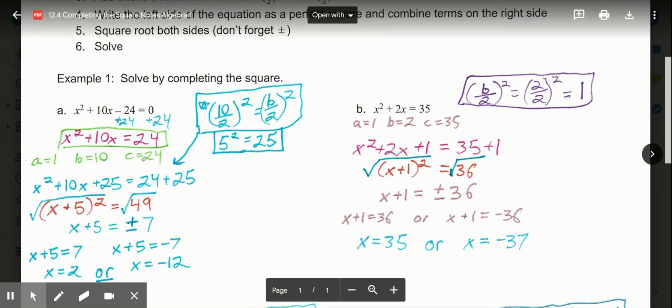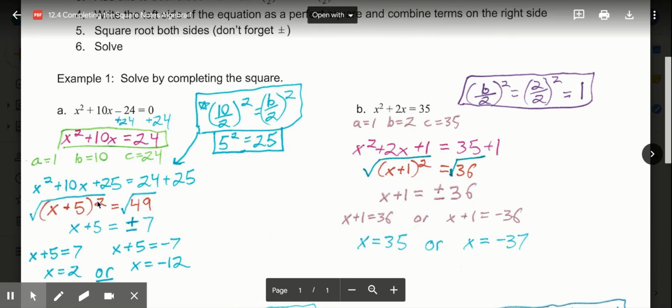The left-hand side, what we want to look at is how can we write this trinomial as a perfect square binomial? Well, x squared plus 10x plus 25 is the same thing as x plus 5 times x plus 5, or writing it as a perfect square, x plus 5 squared.